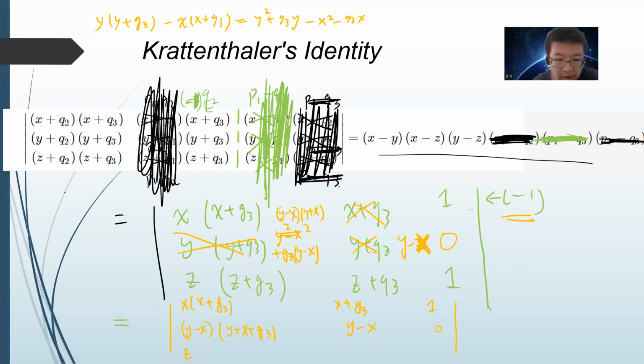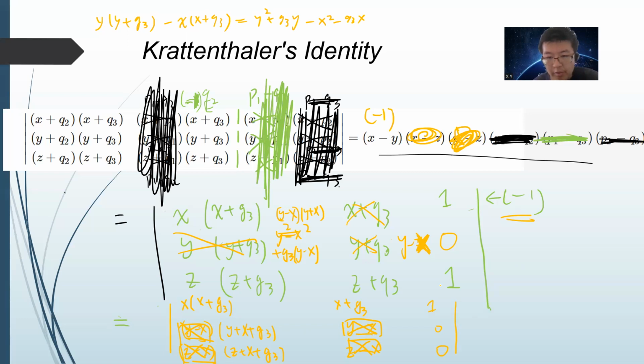So I get z minus x, z plus x plus q3, and z minus x, 0. I can see that y minus x and z minus x are the same, so I can kill all of it. So I get 1 minus z, and the z minus x, right? But there is a -1 sign.